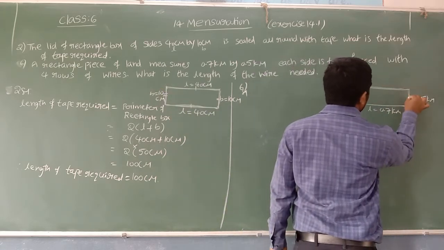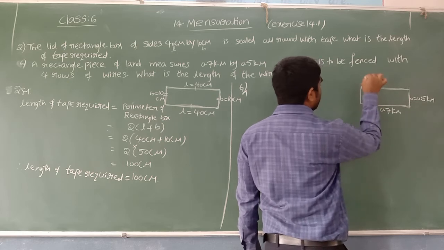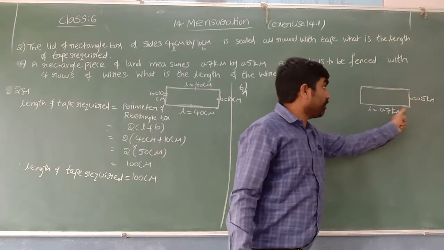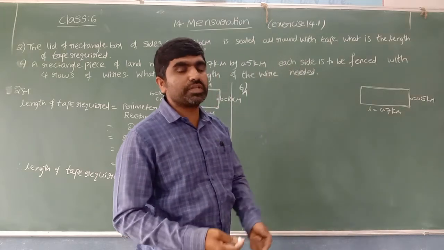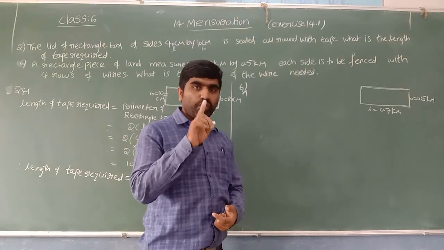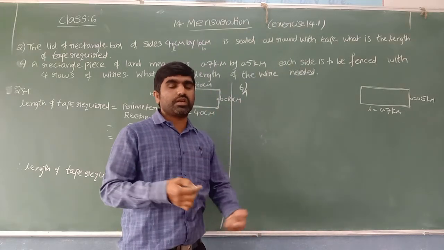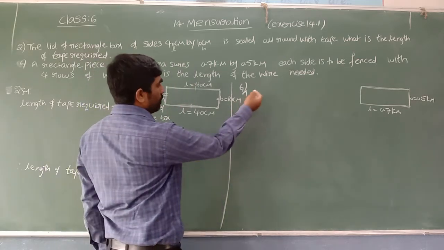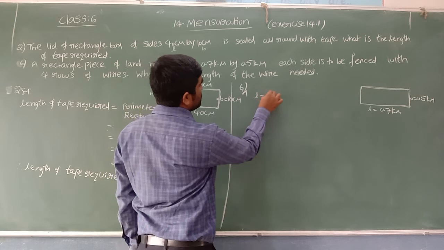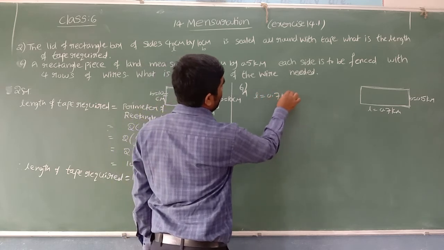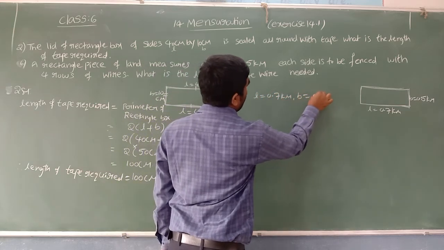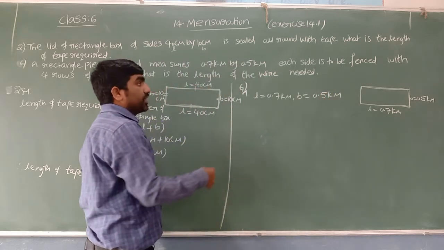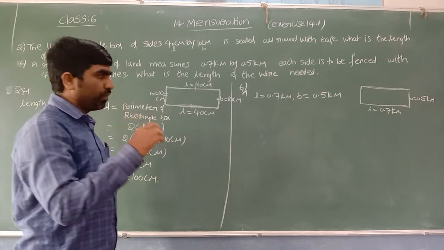So they have to know the total length of the boundary. Once I know the total length of the boundary, then we can say how much wire is required for one row, so that we can find how much is required for 4 rows also. Here the given length is 0.7 kilometers and the breadth is 0.5 kilometers. First we will find the length of the wire required for one row.